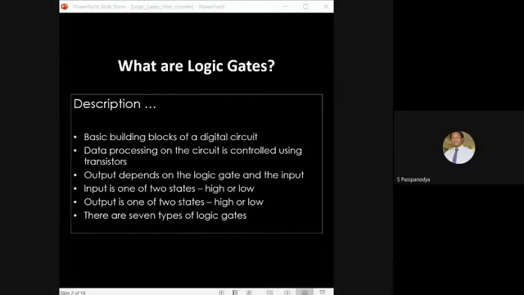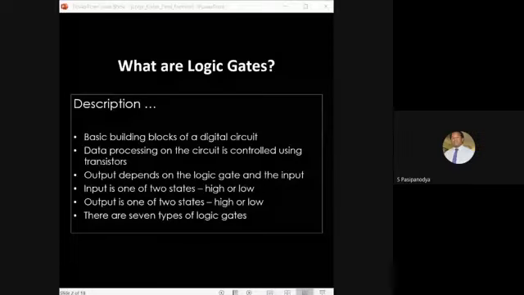What other gates exist out there, ladies and gentlemen? There's the NOR gate.